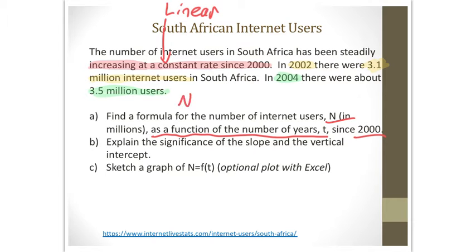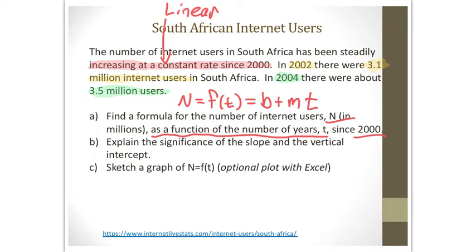So in the end, what we're hoping to get is n is going to be some function of time. And because it's linear, that function should be able to be expressed in slope-intercept form as b plus mt. And with our two data points, hopefully we can figure out what the values for b and m are.